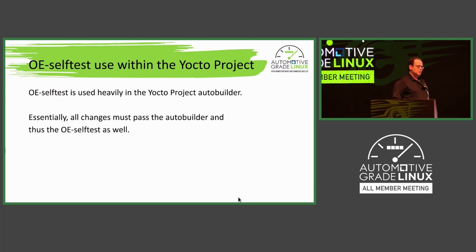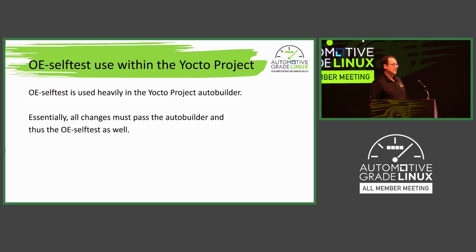The Yocto Project Auto Builder is essentially the project's test infrastructure, and it is used to make sure that every change that makes it into the tooling around Yocto, but also into the recipes that make up the Yocto system, does pass these self-tests.